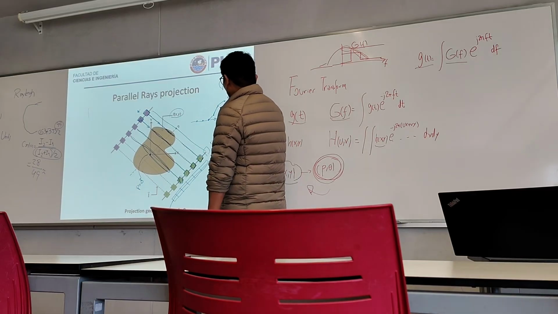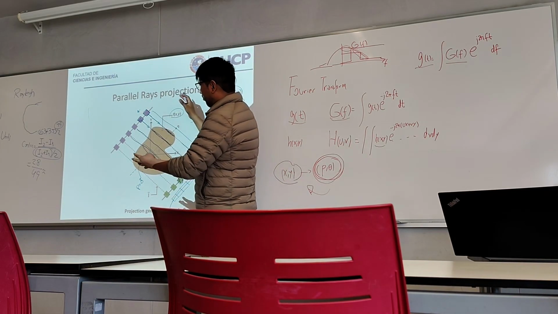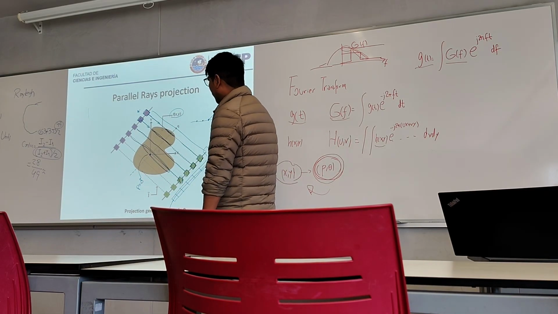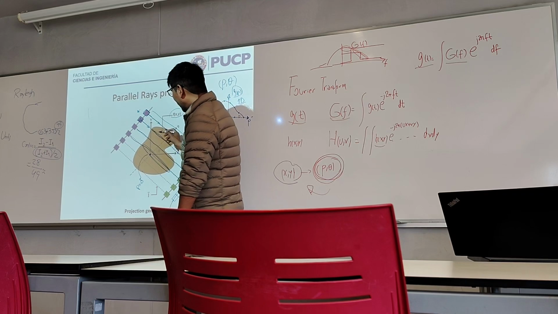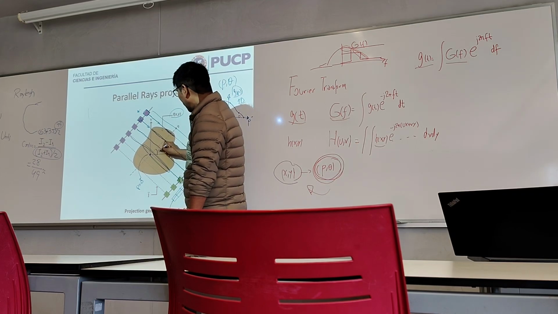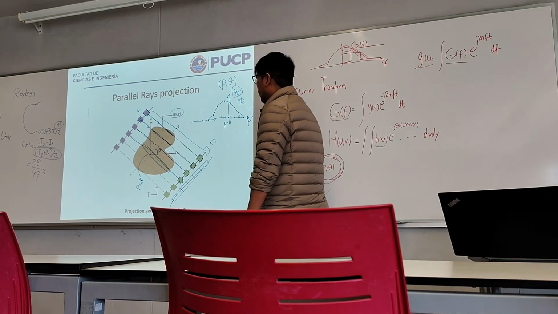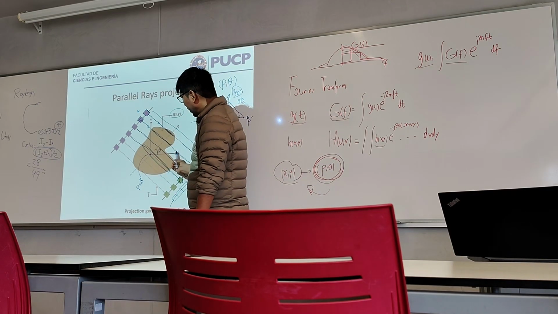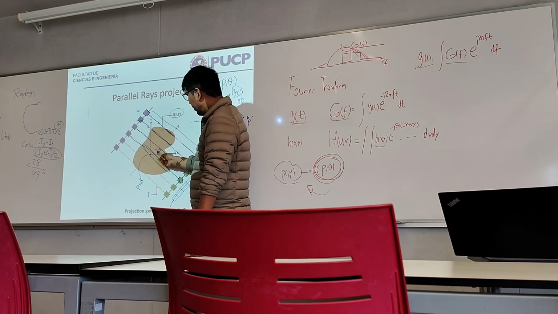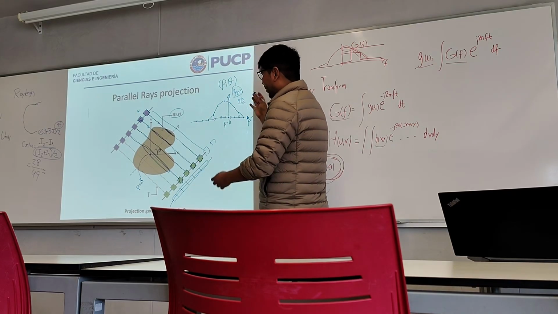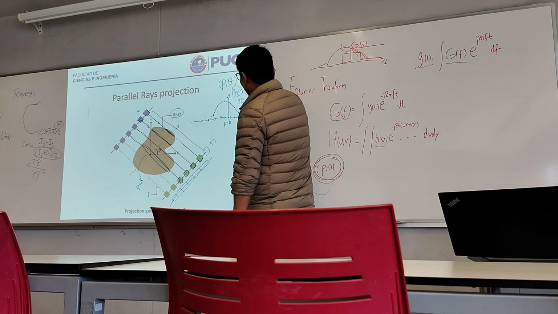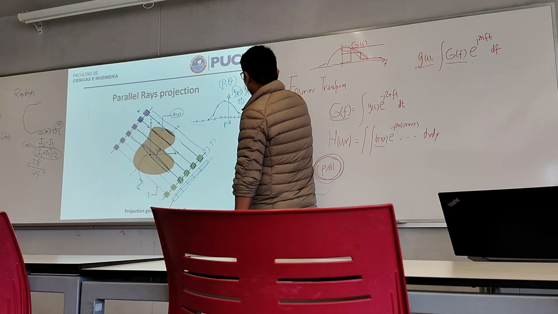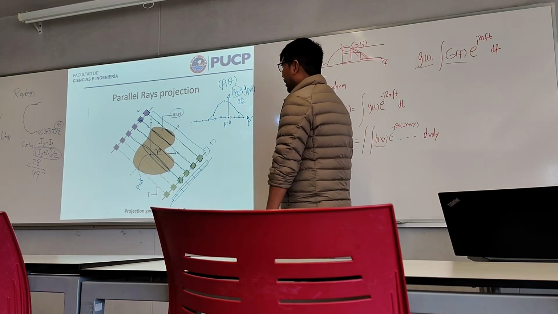This function is given by this configuration, where the most important aspect is this angle, the angle theta. When we had a projection in this direction such that the angle between P and X was theta, we have this function. So this function was really not only G of P but G of P and theta, because it depends on the angle theta.